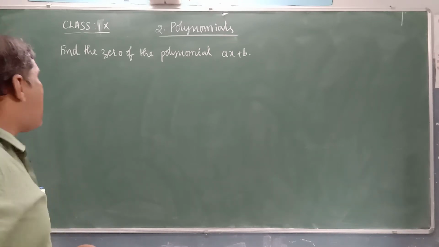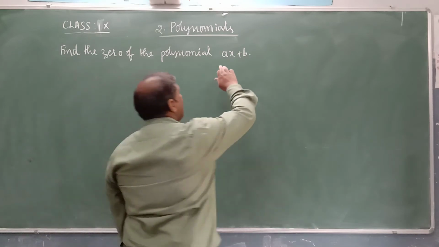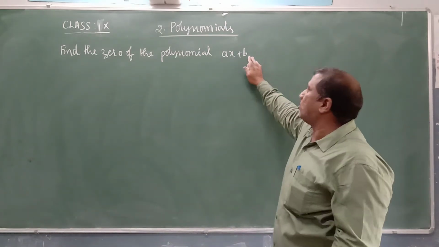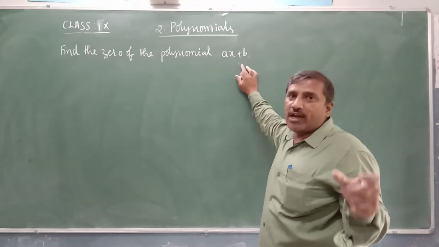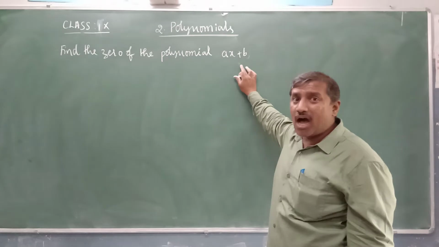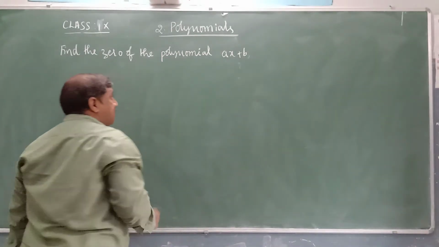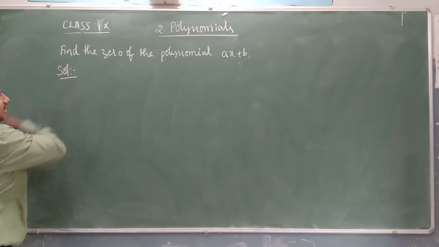Now find the zero of the polynomial ax plus b where a is not equal to 0. This is the general form of the linear polynomial. How to find its zero and what is the relationship between the coefficients and constants we will discuss now.